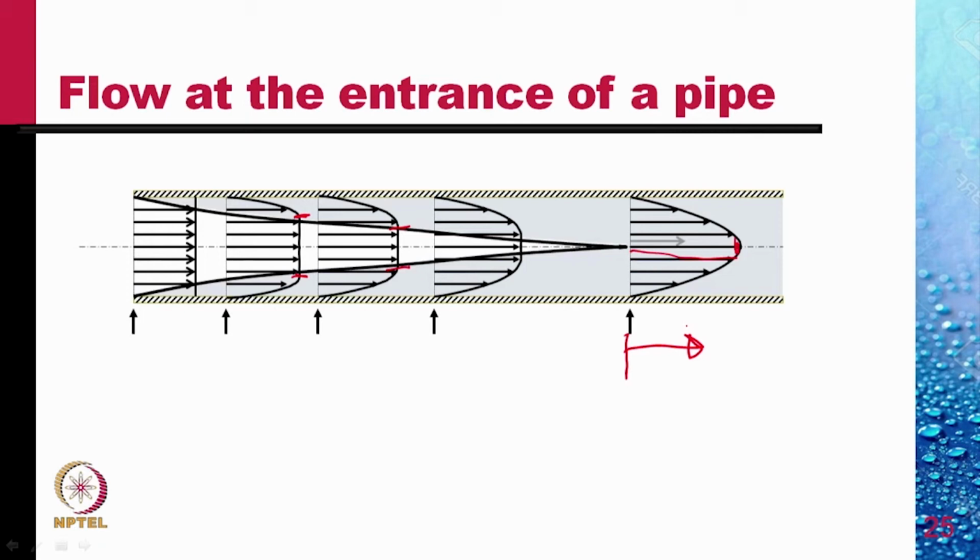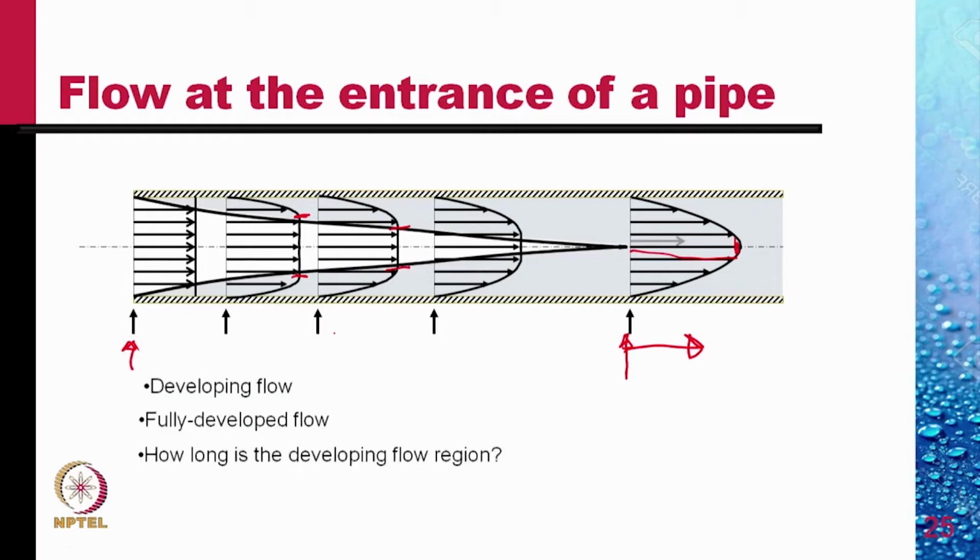It is between this and this that the velocity profile changes. We call this a developing length, an entrance length of the pipe, where the flow is developing. Developing flow, and then fully developed flow after the velocity profile has once become parabolic and the viscous flow covers the whole region.